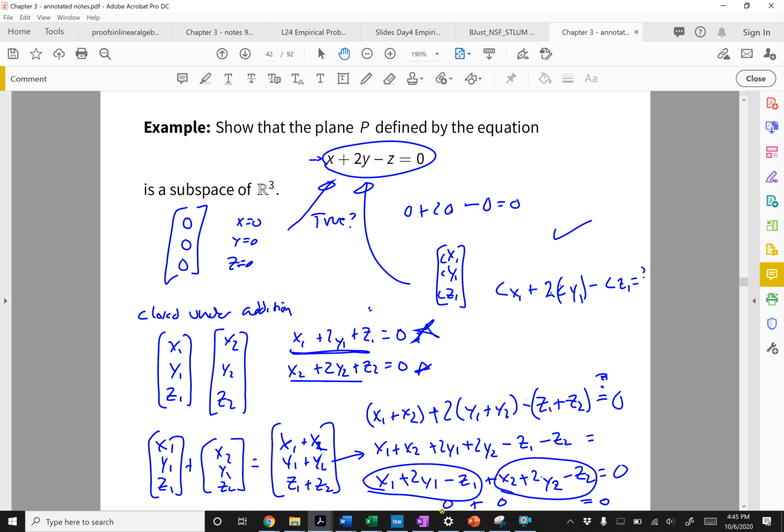And if I plug it into that formula, then I can factor out a c, and I get c times x1 plus 2y1 minus z1. And since I know this much equals 0, then I just get c times 0, so that whole thing has to equal 0. So that's also on the plane. So check, check, check. Got checks on all 3 criteria.